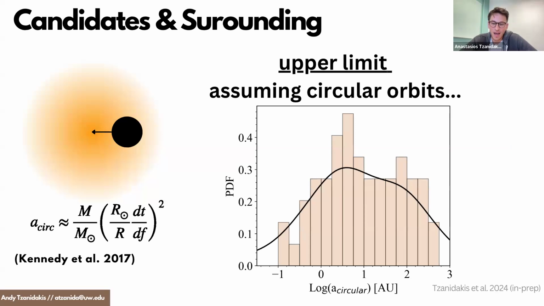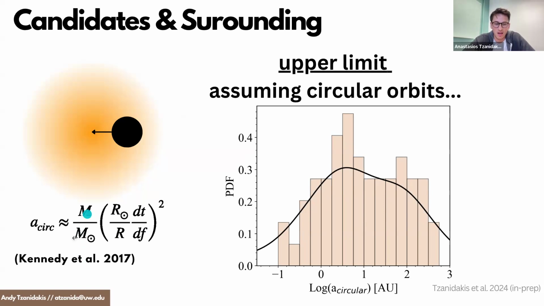This is a fun figure that is very new. So again, please be aware that this is work in progress. But it turns out that if you make a really naive assumption about the material that is occulting the star, if you assume that it's on a circular orbit and that it is completely opaque, you can derive a lower limit to the transiting velocity of a system and an upper limit to the semi-major axis, based off of just the gradient of the flux that you're observing from the system.